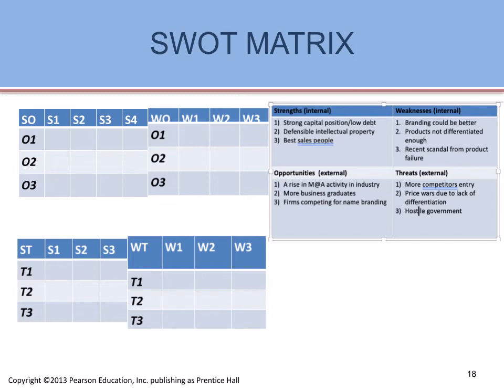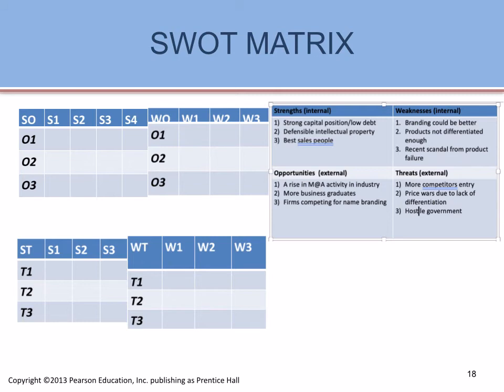It is totally up to you to come up with a rational strategy. Use your common sense, for instance, when you're developing SO or ST. What you need to develop in SO is you're matching the internal strength with the external opportunities. Let's look at SO and look at the internal strength and external opportunities column, okay?